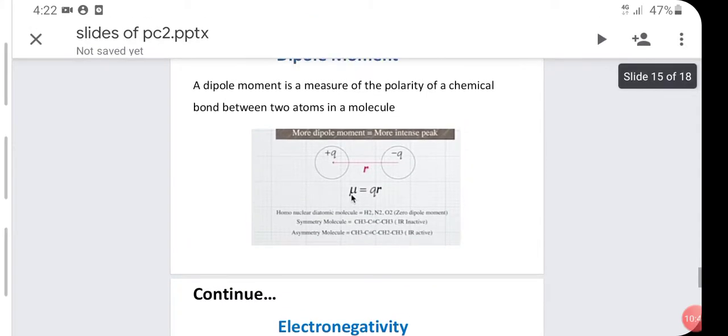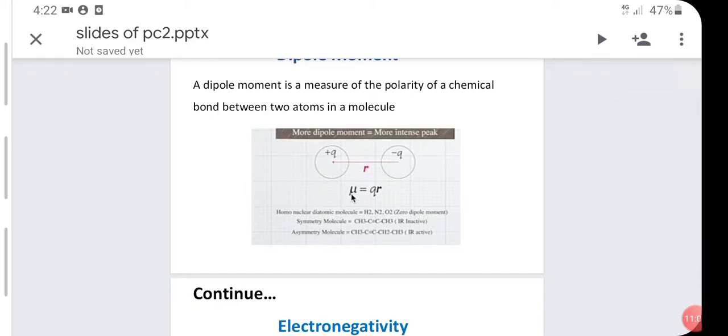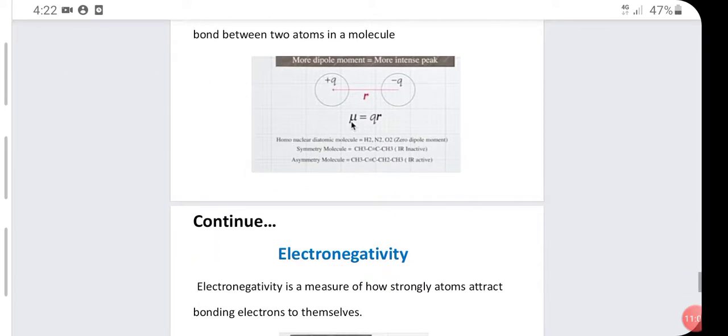Symmetric molecules have the same functional groups on both sides, it means that they have the same charge, and due to the same charge the dipole moment is 0. And if there are asymmetric molecules, it means that if they have different functional groups, then they have different charge, so it has a dipole moment.